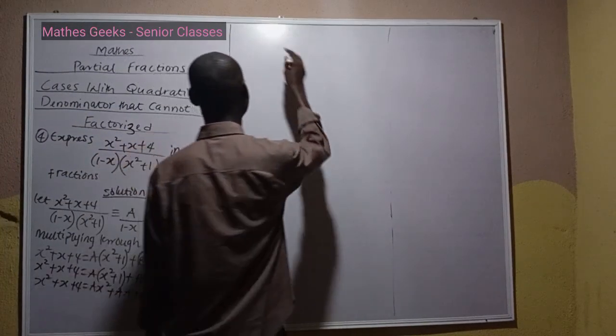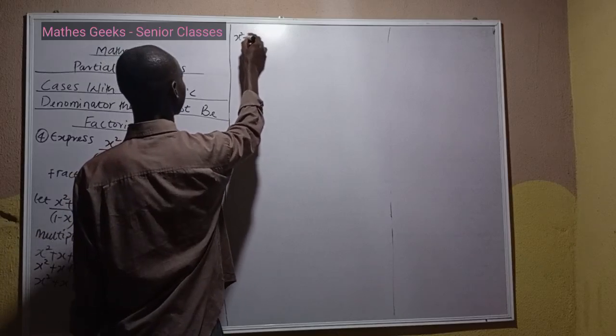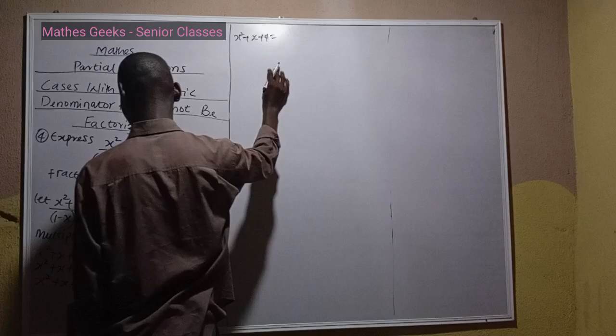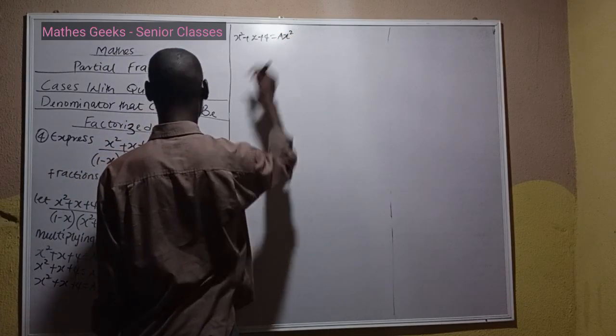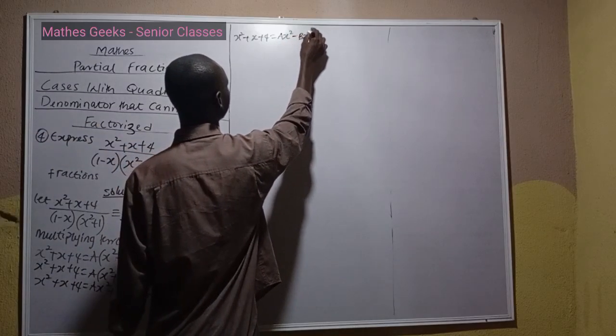So x squared plus x plus 4 is equal to ax squared and minus bx squared.